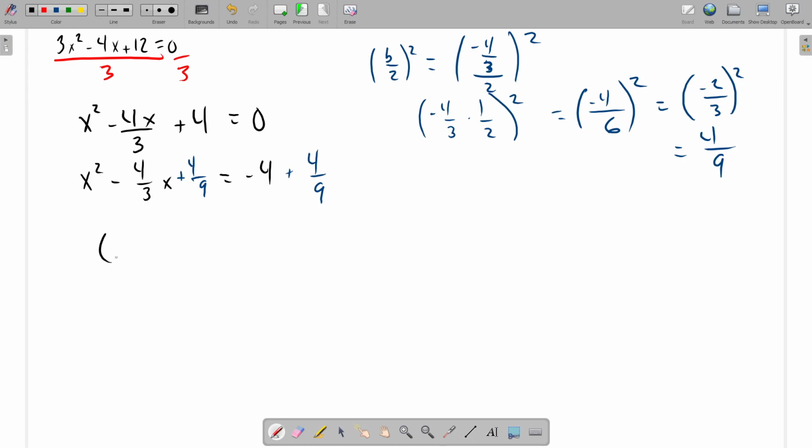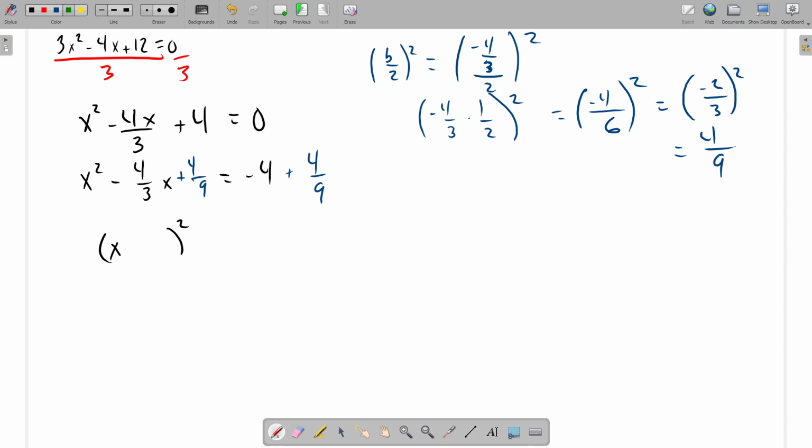On the left, we know that this is a perfect square trinomial, so it's going to factor into something very nicely. My a is x, and it's always x if we've done this correctly to make this a equal to 1. My b, now that I have a fraction, is a little bit harder to identify.